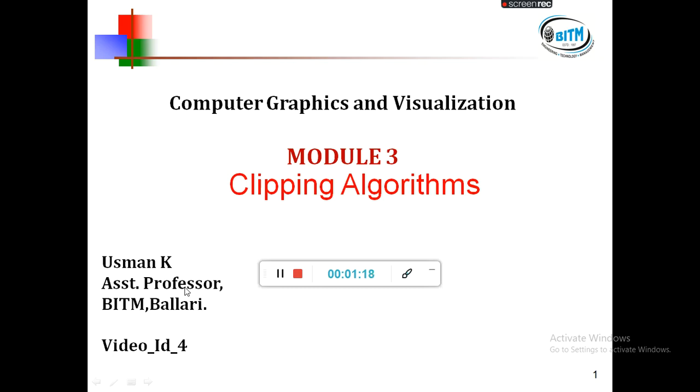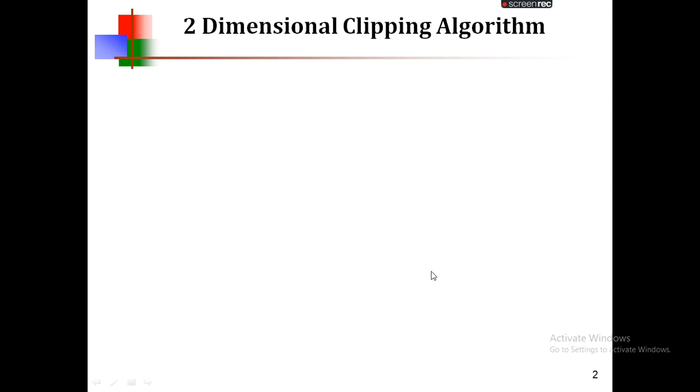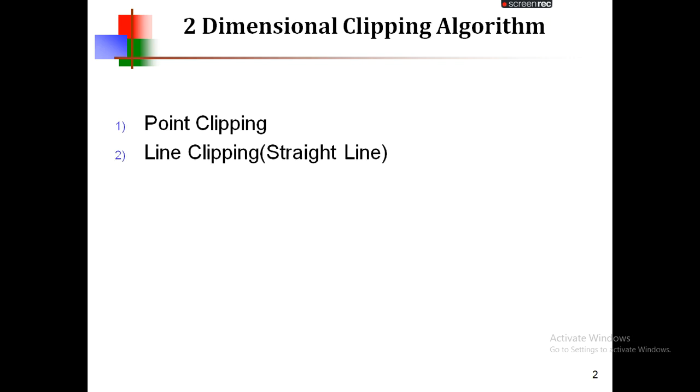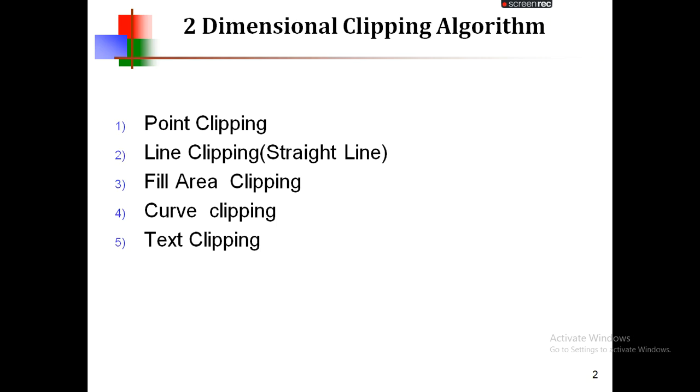In computer graphics, whenever we want to display any object on the screen of the monitor, first we need to check whether that object lies inside the clipping window or outside of the clipping window.